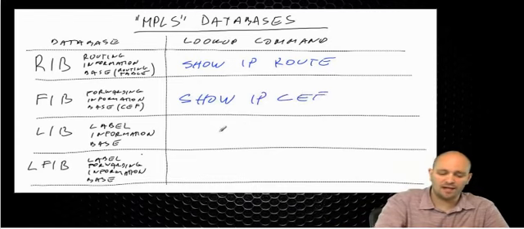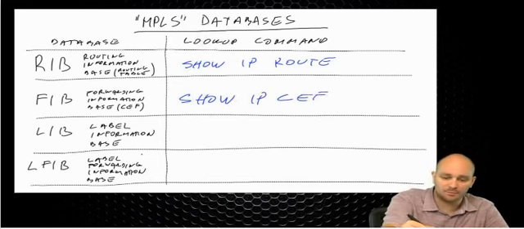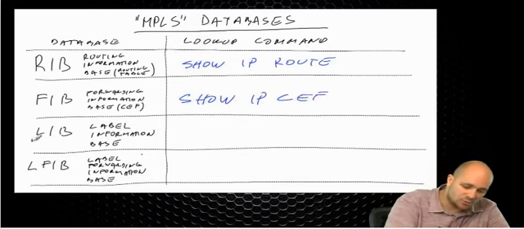To take a look at the label information base, we can have multiple commands, because unfortunately in Cisco IOS you can have multiple tables. These could be multiple tables, and I'll explain that a little bit later on.